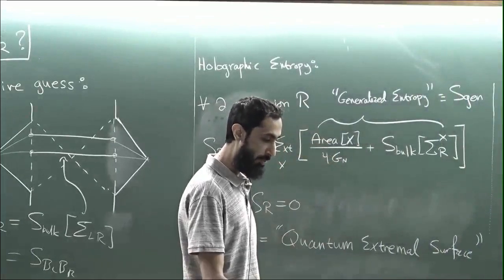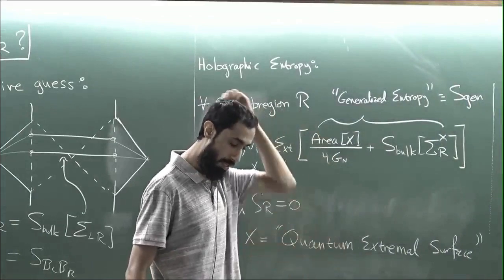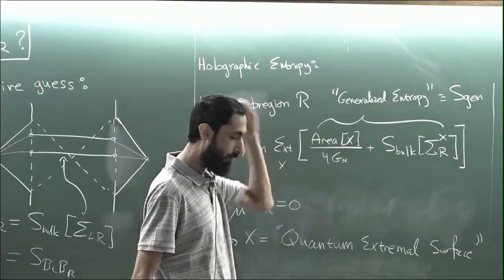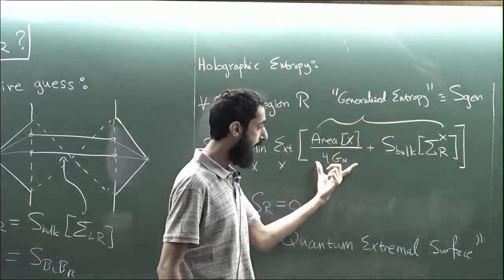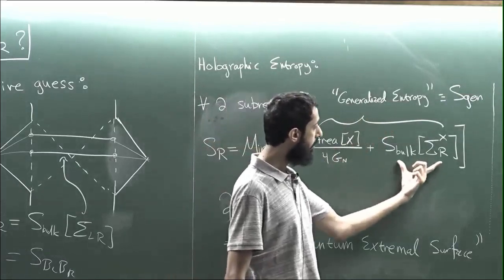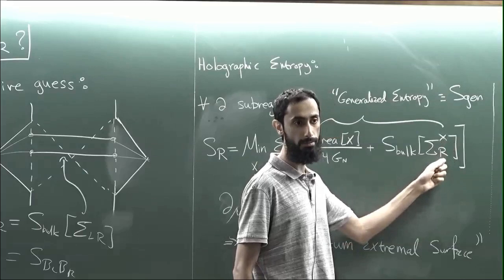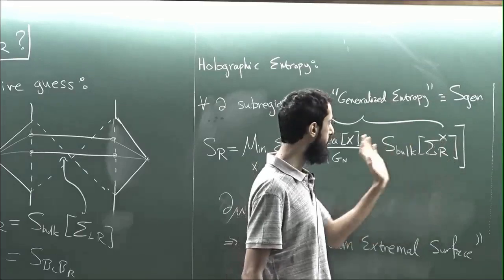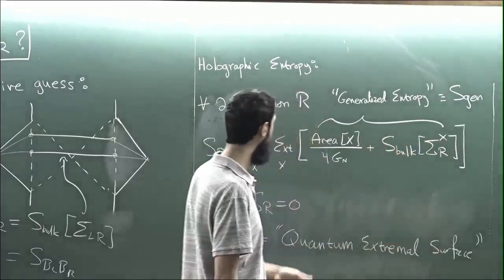Here we're working in an h-bar expansion. To first subleading order in h-bar, the generalized entropy can be thought of as the area of some surface X plus the bulk entropy of the subregion bounded by X and R. X here should be taken as a surface homologous to R, and so on and so forth.